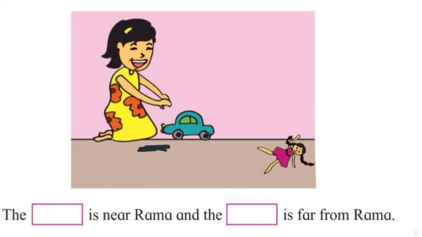So write down car here and write down doll here. The car is near Rama and the doll is far from Rama. Understood? Very good.